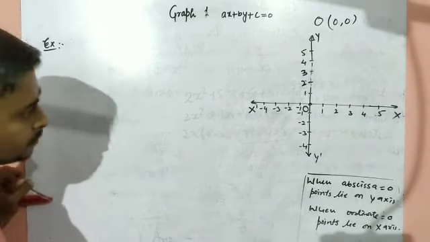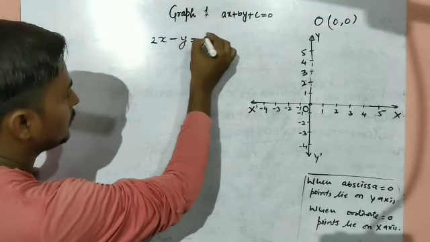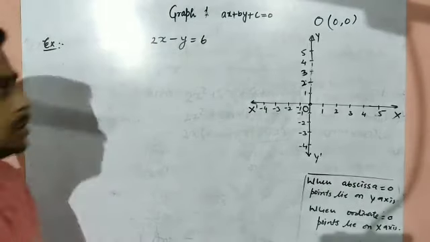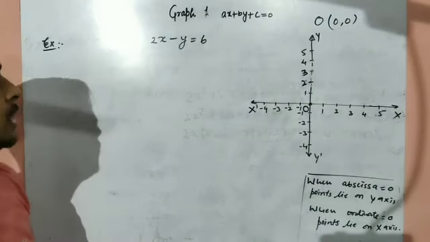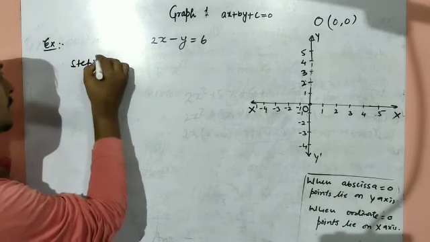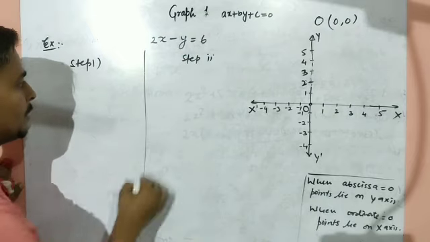Suppose 2x minus y is equal to 6, right? This is an equation, 2x minus y is equal to 6. So step first, step second, very easy process.